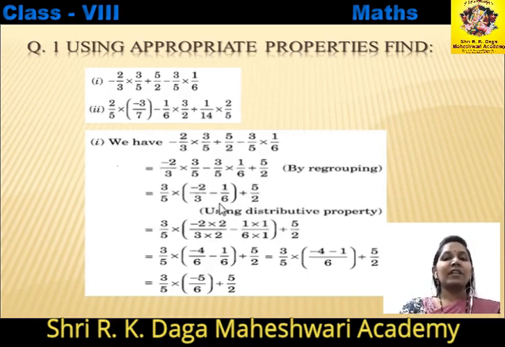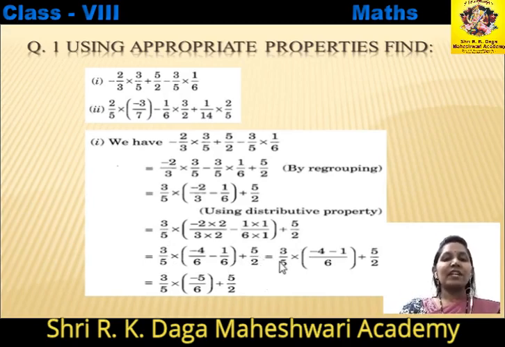Now we will solve this term by taking LCM. The LCM of these two terms is 6. So 3 into 2 minus 2 into 2 minus 1 into 1 upon 6 into 1. So the terms will be minus 4 by 6 minus 1 by 6 and 3 by 5 as it is plus 5 by 2 is also as it is.